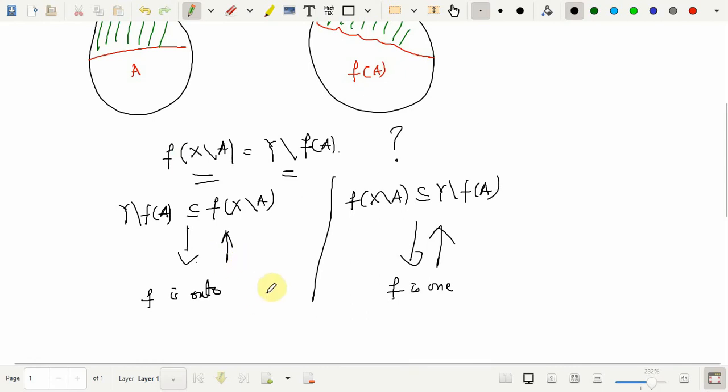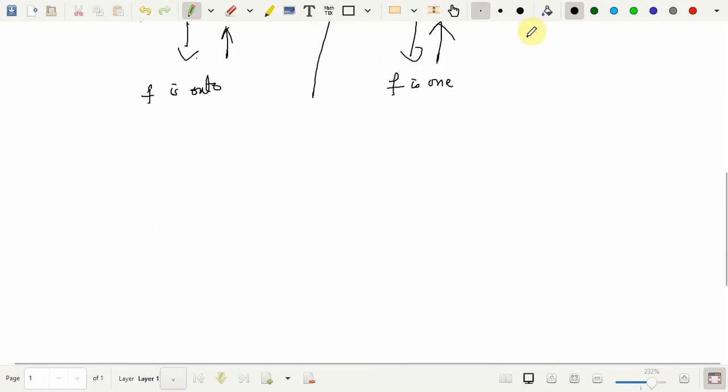So let's consider that as a statement, a theorem. This is a biconditional statement.